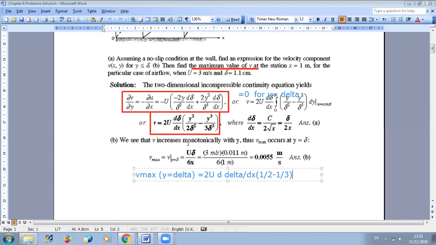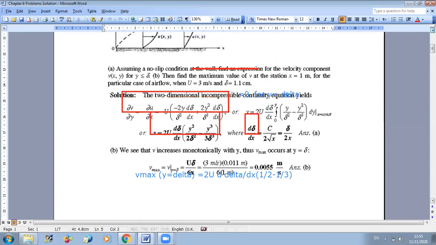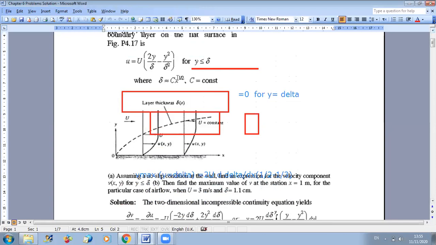Okay, and if you replace... Doctor, what do you mean by d delta by dx? I mean the derivative of delta with respect to x. You have delta as a function of x, it's given that delta is equal to what? If you go back to the given, delta is cx to the power 1 over 2.